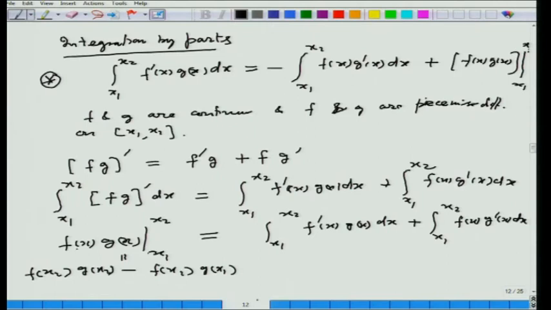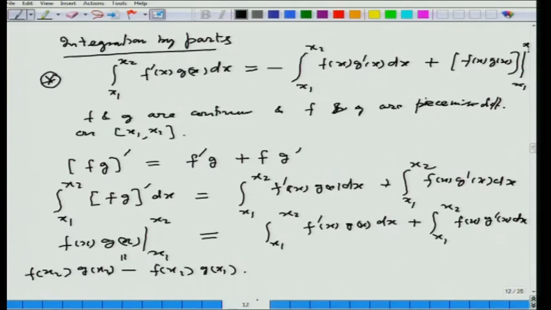So any of these terms can be seen as this side minus the other term, which is appearing here, the first term on the right hand side of star. So this is established using the fundamental concept that the derivative of f into g is f prime g plus f g prime, and then integrating this identity over the interval x1 to x2.